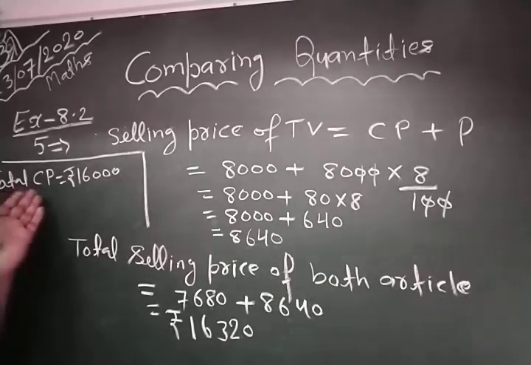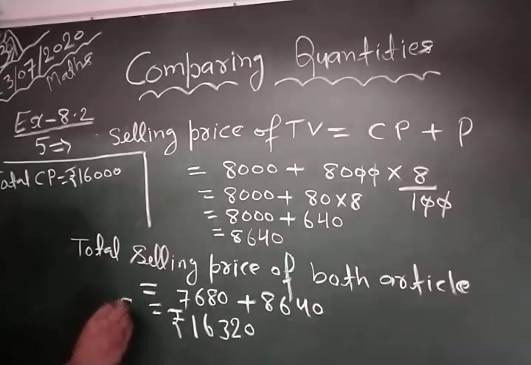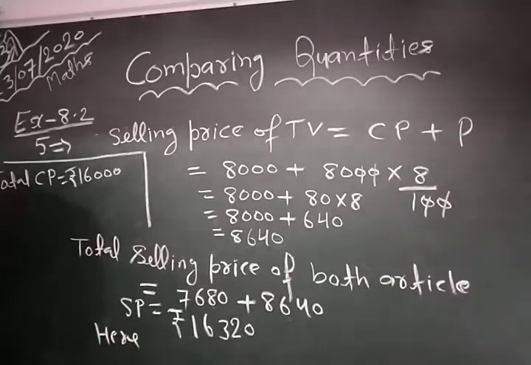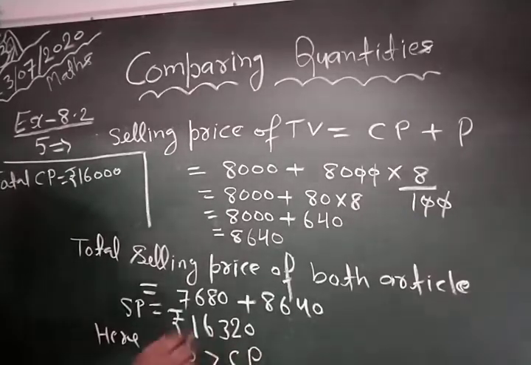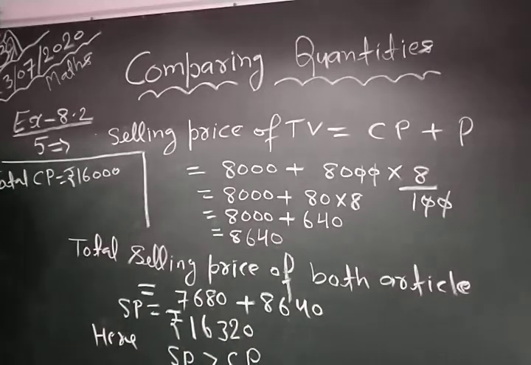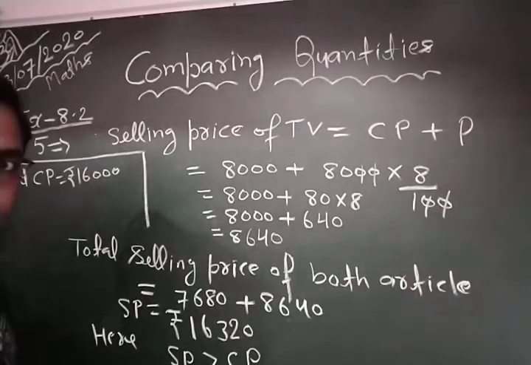So the total price of the TV and the VCR is equal to 16,000. So this is CP and this is SP. Here you can see SP is greater than CP.